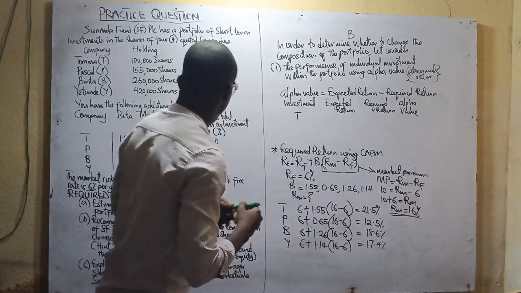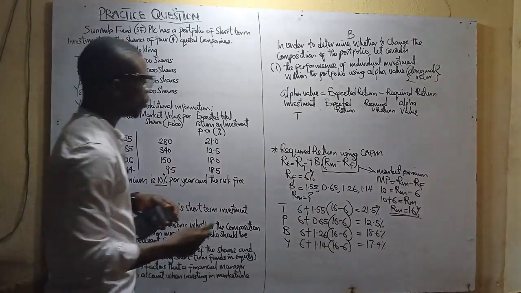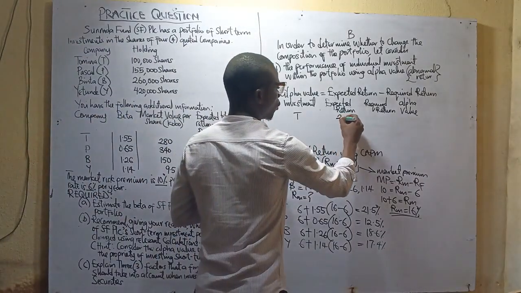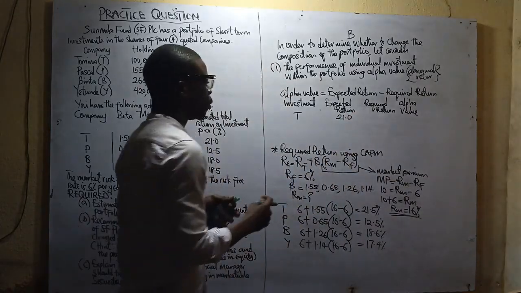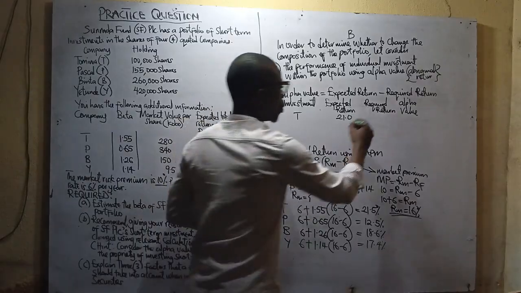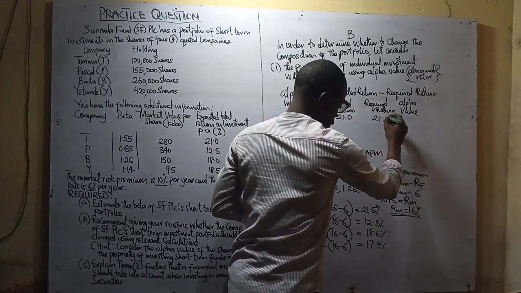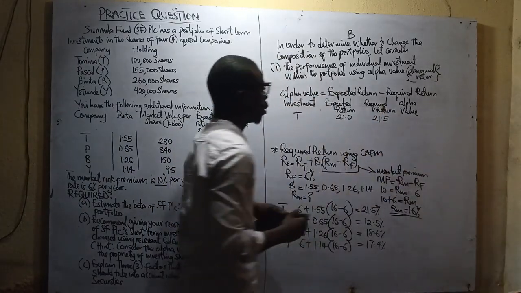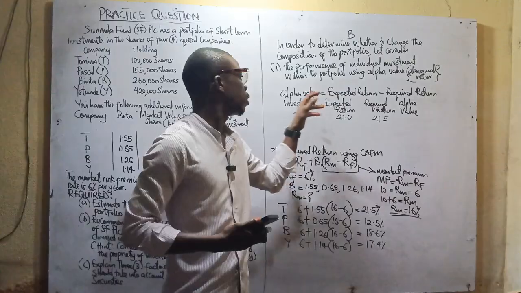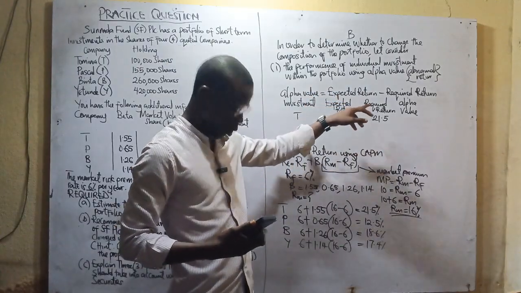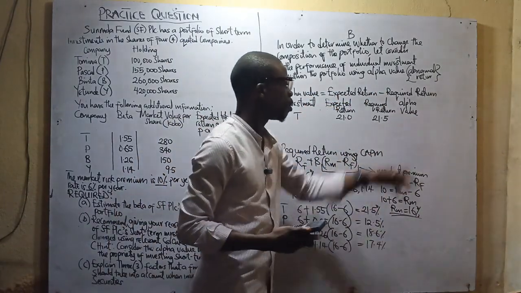What's the expected return of T? It is 21%. We have 21.0. We have the required return, which we have calculated as 21.5%. Now look at it. What's our alpha value? How to calculate our alpha value is expected return minus required return.